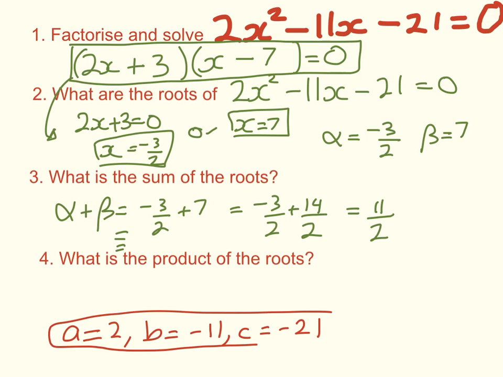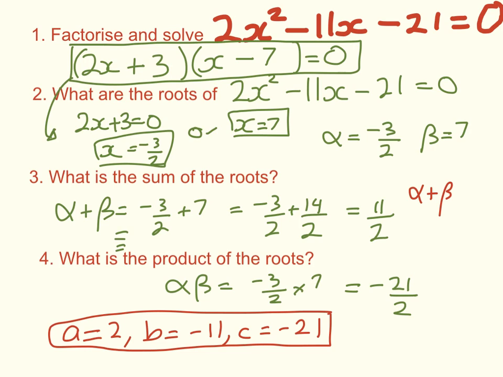So we're looking for a link here that we can work with. But first we're going to do the product of the roots. So alpha times beta is equal to negative 3 over 2 times 7. And that equals negative 21 over 2. So for this example, it looks like we've got the following result.